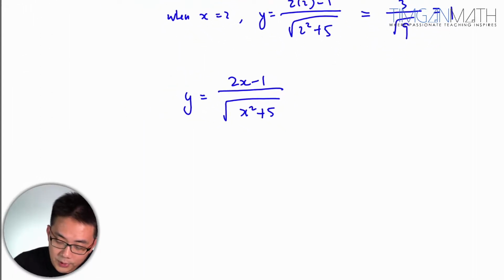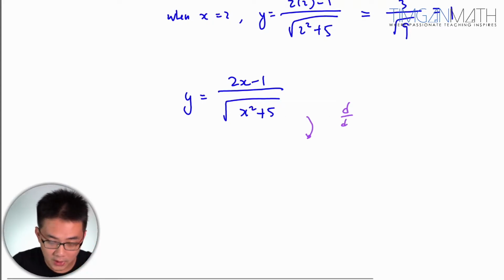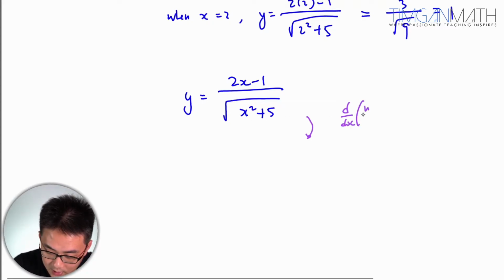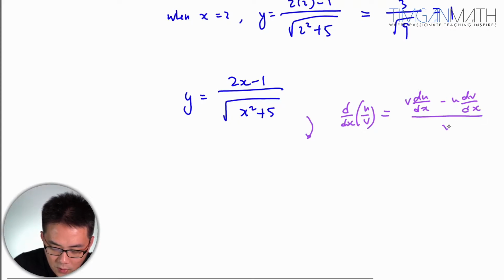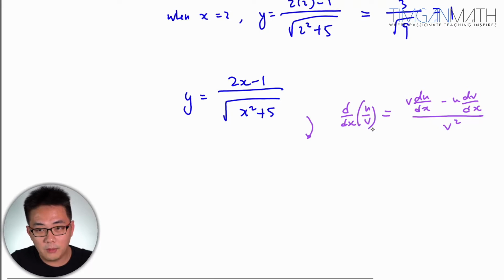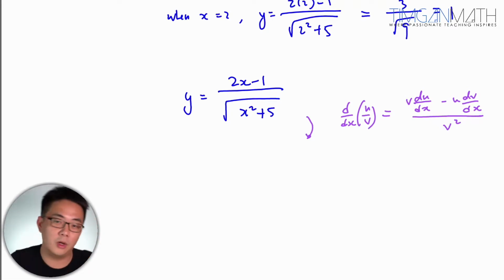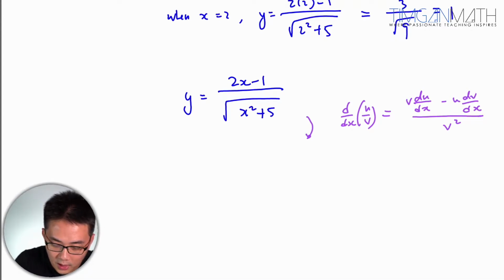I would really recommend you use the quotient rule because there's a root below. This is the formula: v du/dx minus u dv/dx, over v squared. Just remember, square the denominator, then the denominator multiplied by the differentiated top, minus the top kept as is times the differentiated bottom.